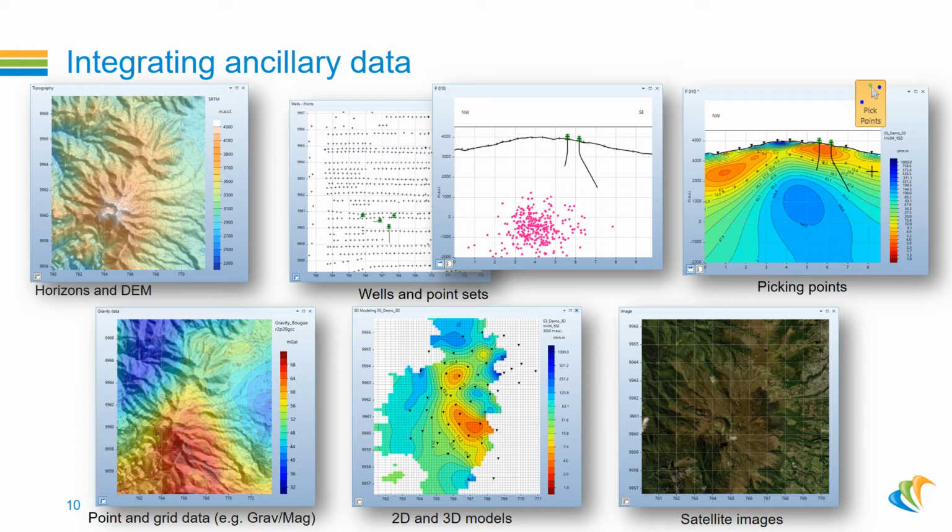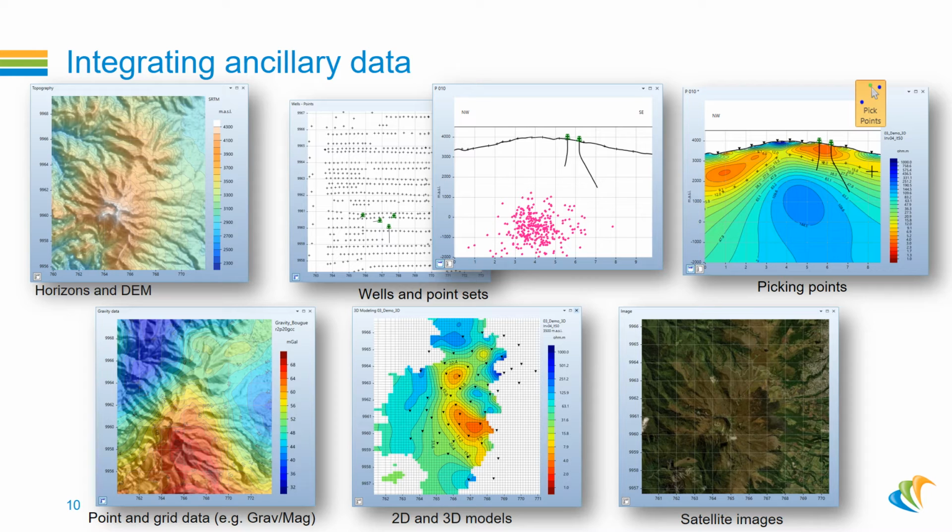Users can import in Geotools also other data types, like for example horizon grids, digital elevation models, point and grid data, like GraphMag data, or wells and point sets with attributes that can be gridded in maps and along sections. 2D and 3D models can be imported from external files or can be generated in Geotools using the available tools.